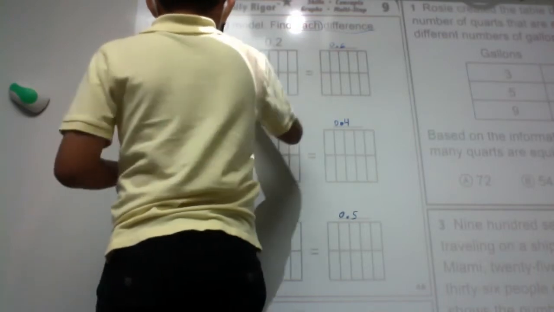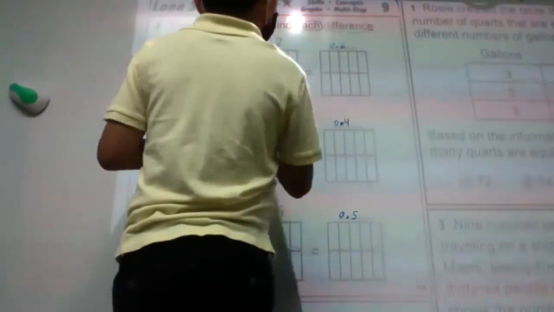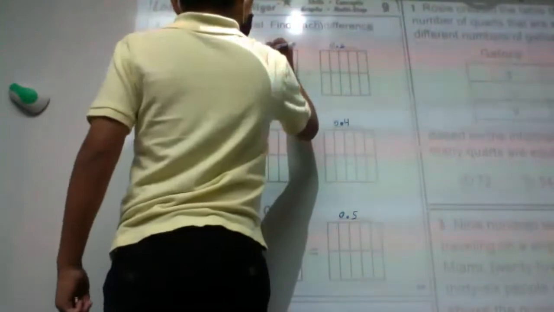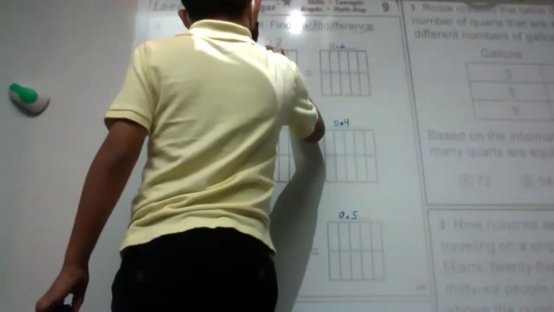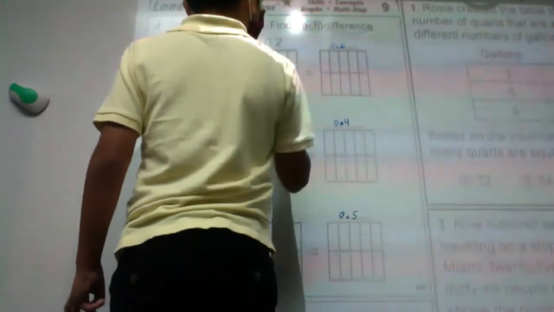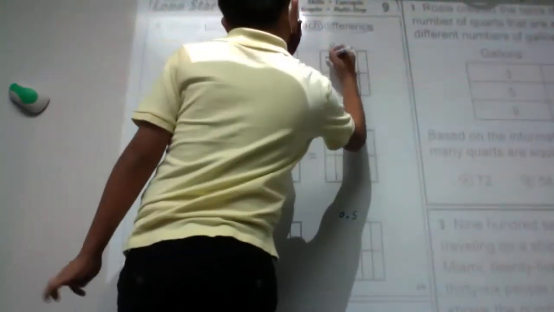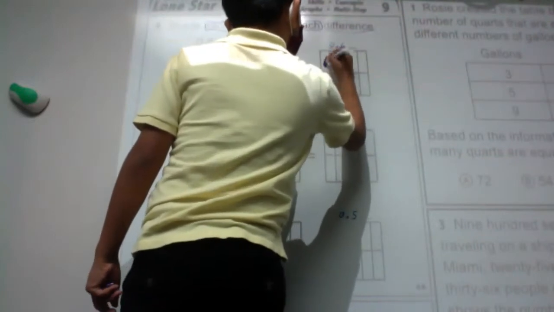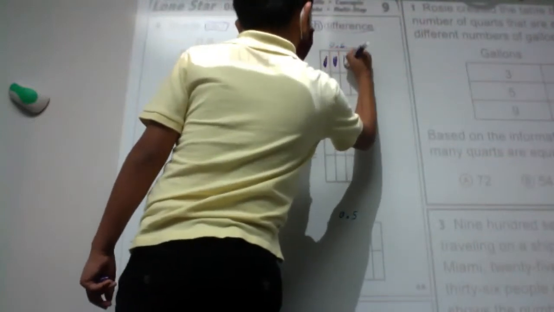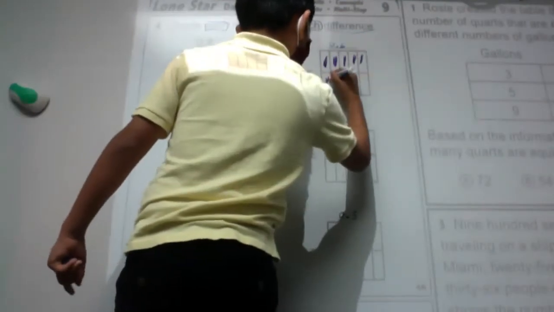Erase that one. Now, how much for the next one? 1, 2. Good. How much for the answer? 1, 2, 3, 4, 5, 6. Very good.